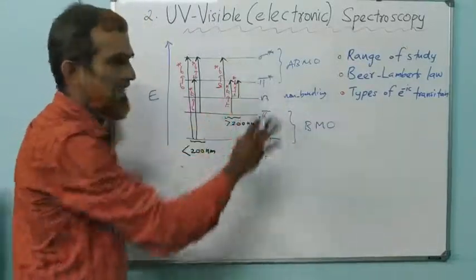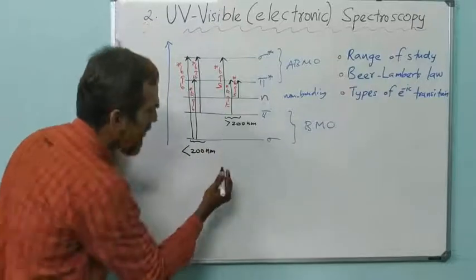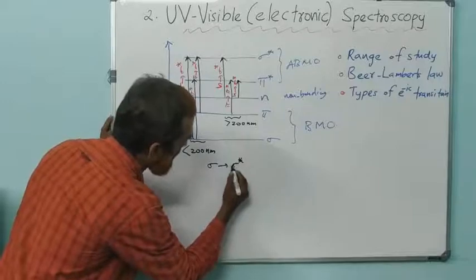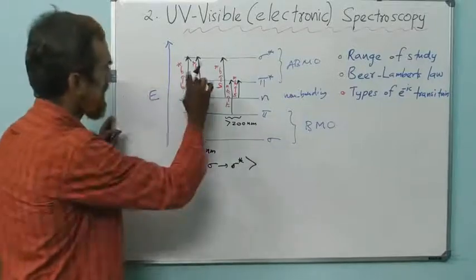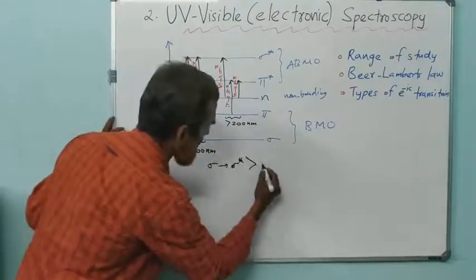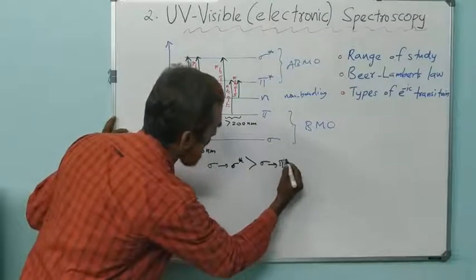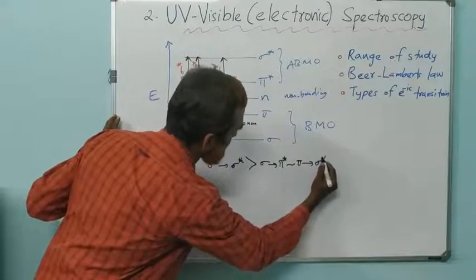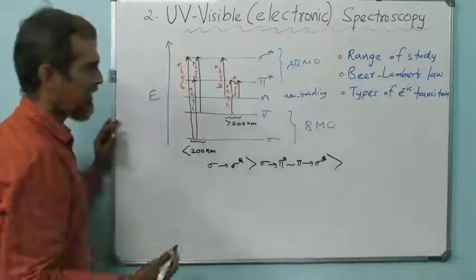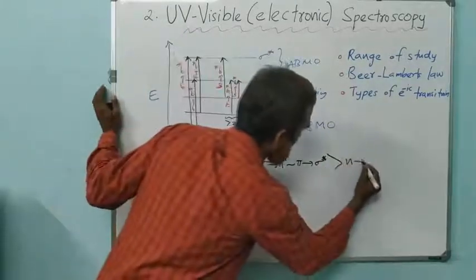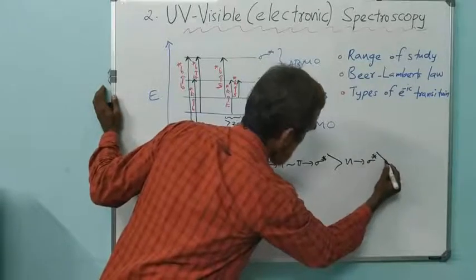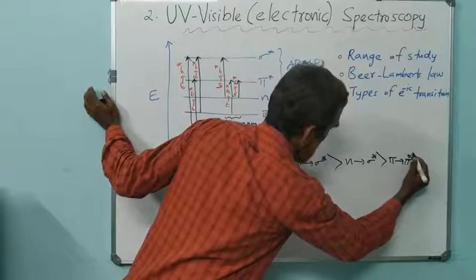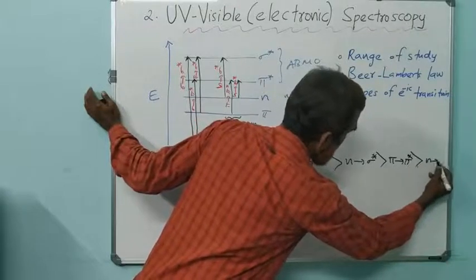So writing all the transitions according to the energy order, maximum energy is for sigma to sigma star, right? Decreases to, these two are roughly the same, sigma to pi star nearly equal to pi to sigma star, decreases to, then comes n to sigma star, decreases to pi to pi star, and finally n to pi star.